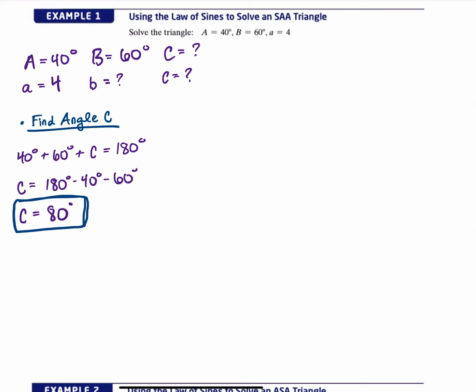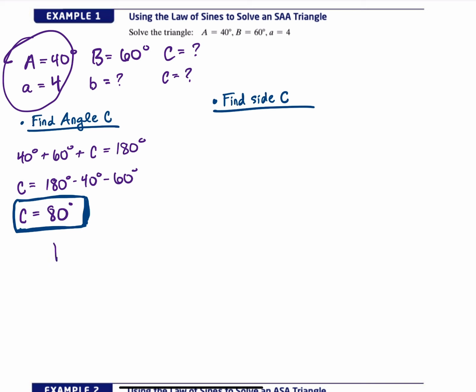Now let's use the law of sines in order to find our two missing side lengths. So let's find side length C. I keep saying we don't know A. So we know angle A and side length A. We now know angle C as 80 degrees.